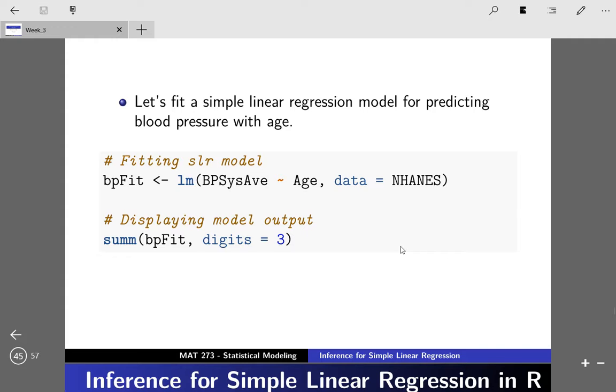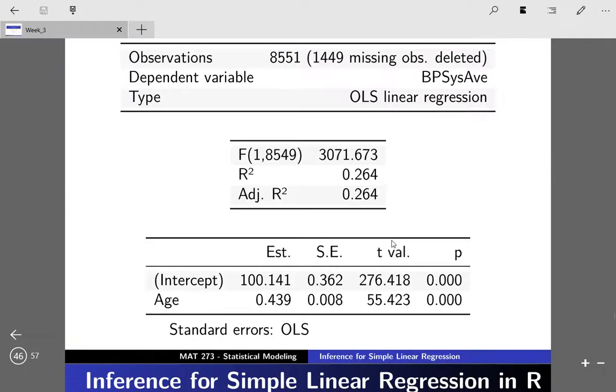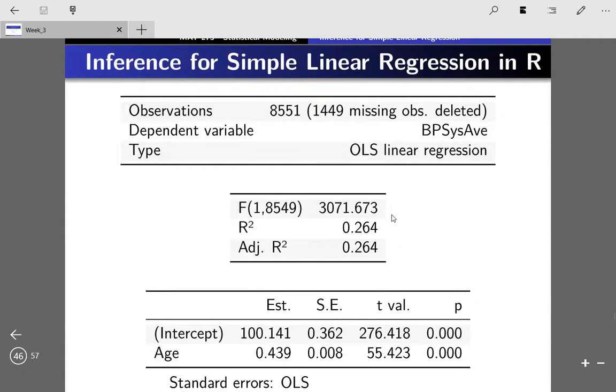Doctors usually don't need to guess, oh, I just have this patient's blood pressure, but I need to estimate their age. So this is a setting in which the response and explanatory variables only make sense one way, more so. Printing our regression model output here, we have the number of complete observations, which was roughly 8,500.